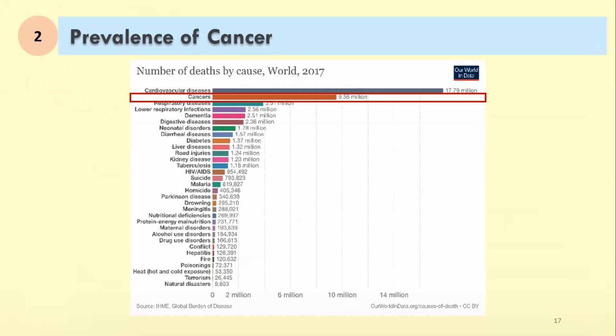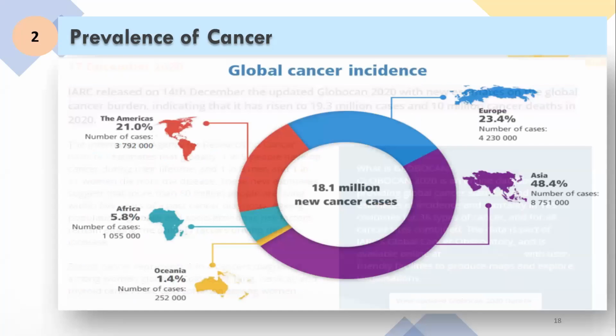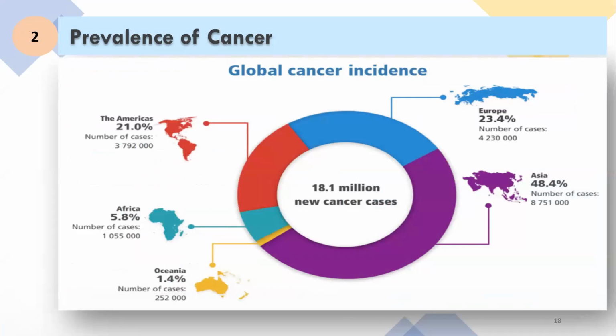Lots of people I know are now suffering from cancer. That's why I do not want anybody in my network or known to me to suffer from cancer. I will tell you how you can save yourself from cancer. Look, in the whole world, in Asia, the highest number of people are actually suffering from cancer.